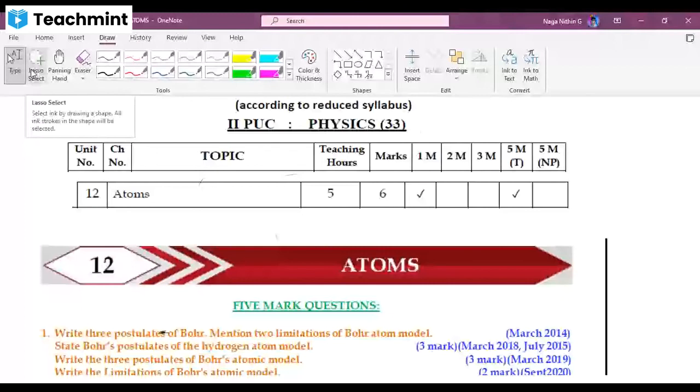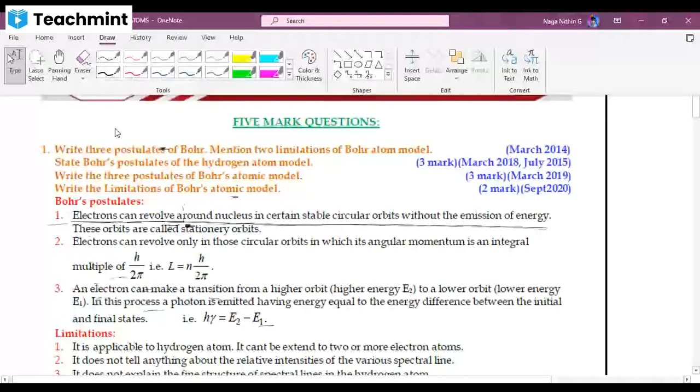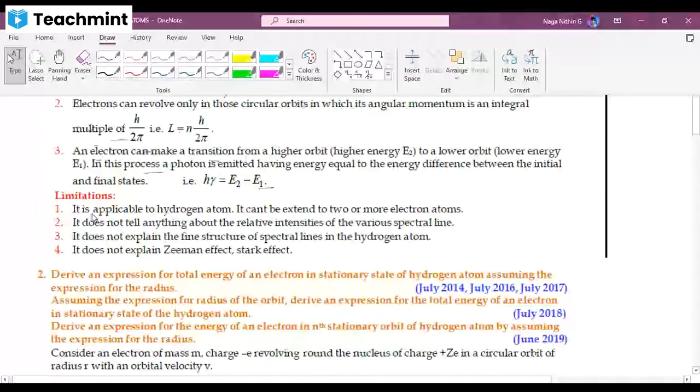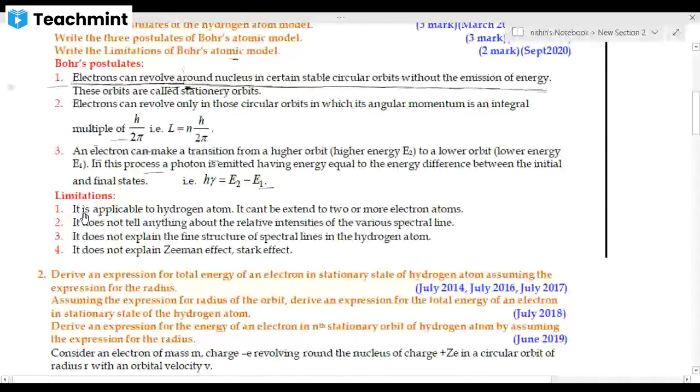Next, see the second part. What are the limitations? It is applicable only to the hydrogen atom. It cannot be extended to two or more electrons.